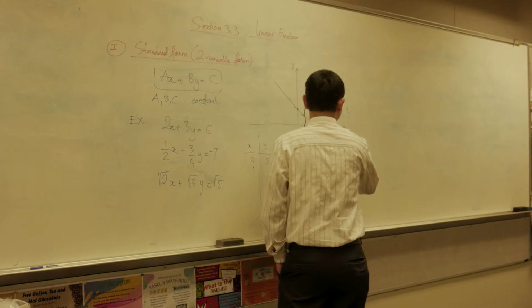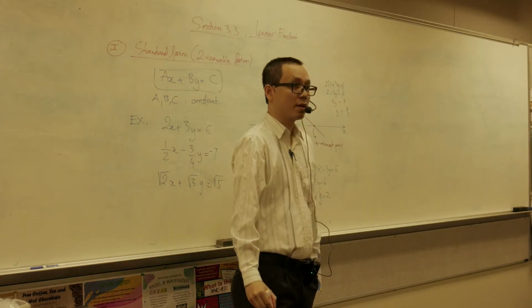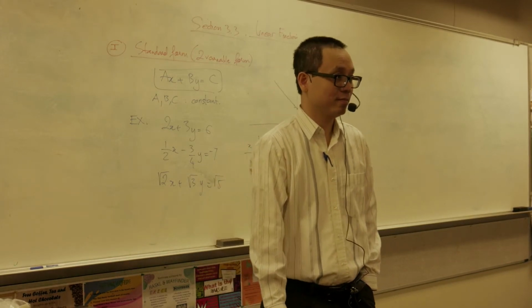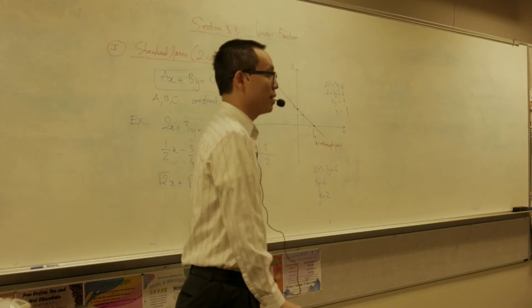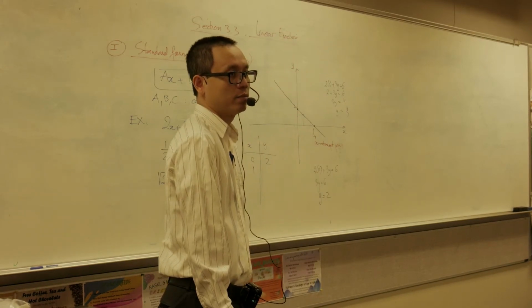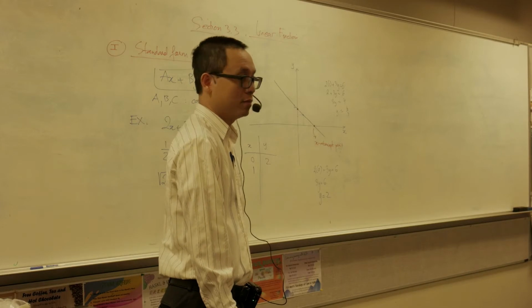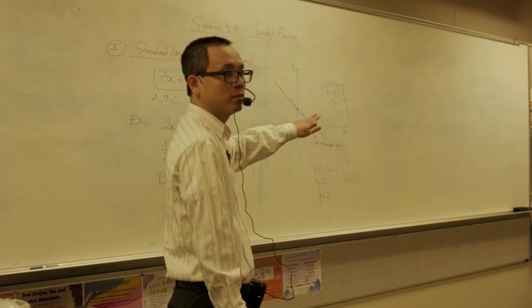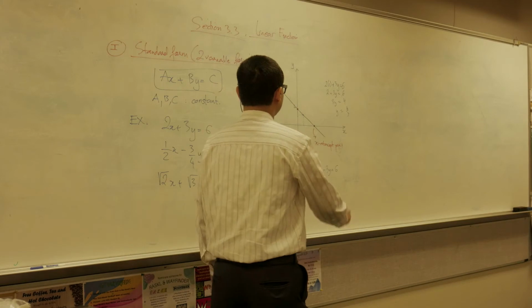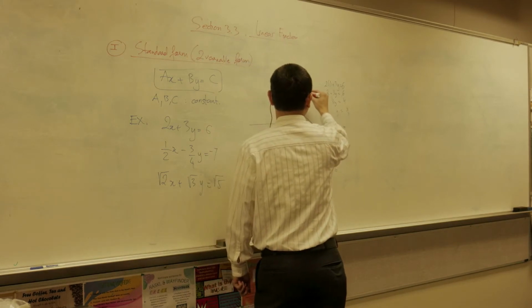Now remember last time we were talking about function, I gave you an example of how to find x and y-intercepts. Basically, x and y-intercepts are the intersection points between the graph, the line, and the xy axes. So this is the y-intercept.